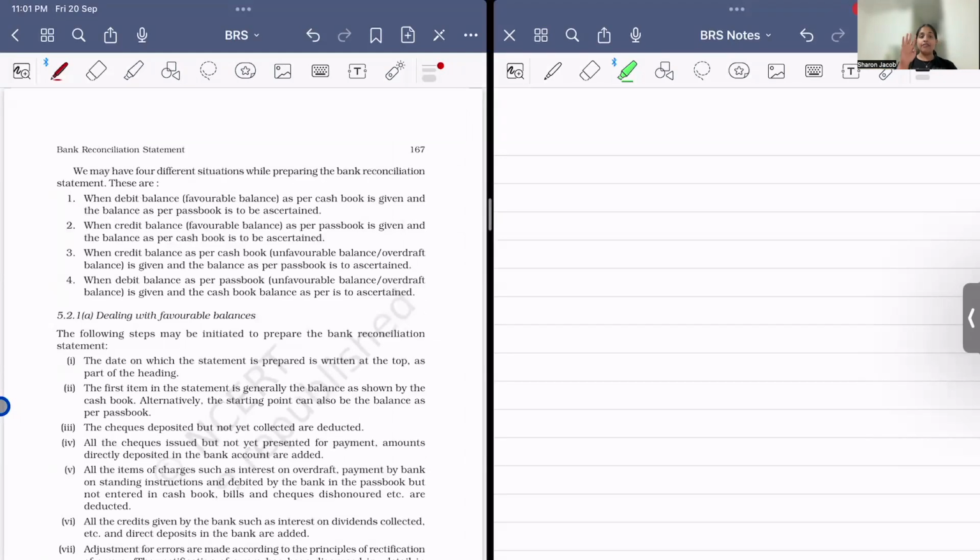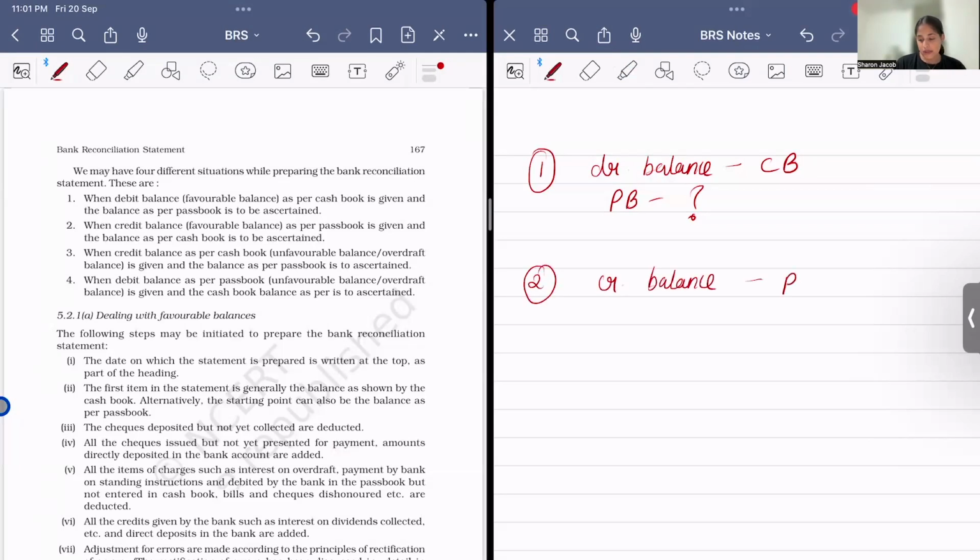Right. We may have four different situations while preparing the bank reconciliation statement. We'll have a look at it. One, debit balance of cash book and passbook balance we have to find. Two, credit balance as per passbook and cash book balance we have to find.